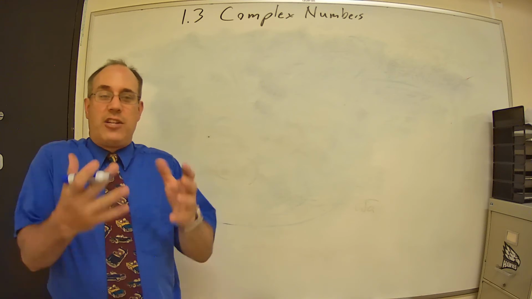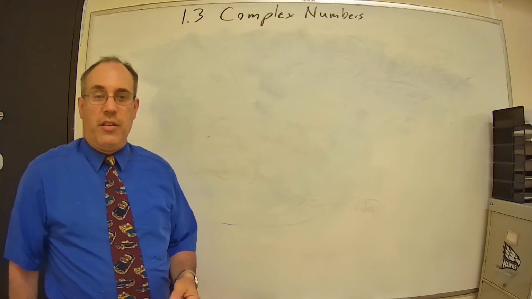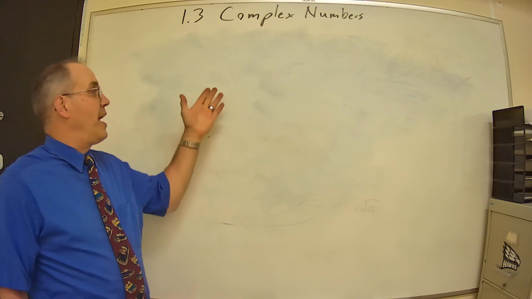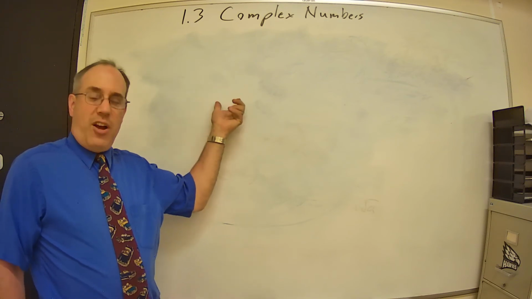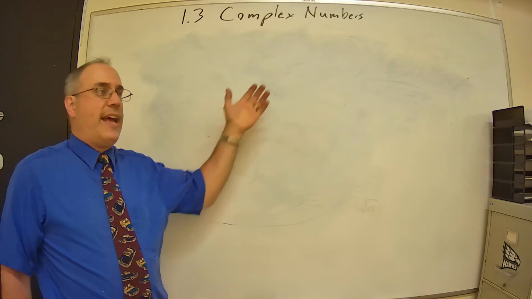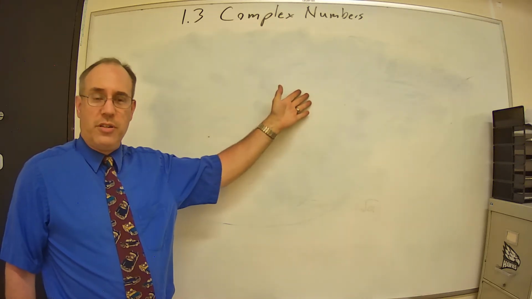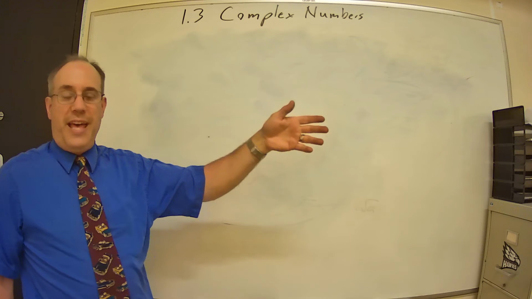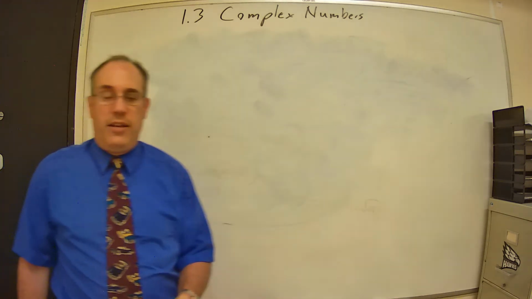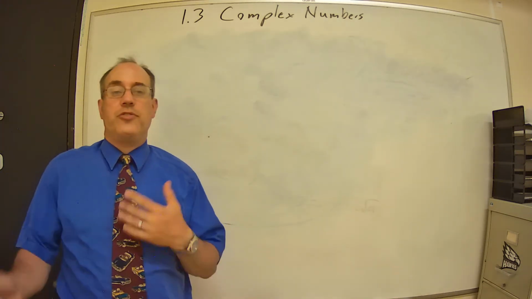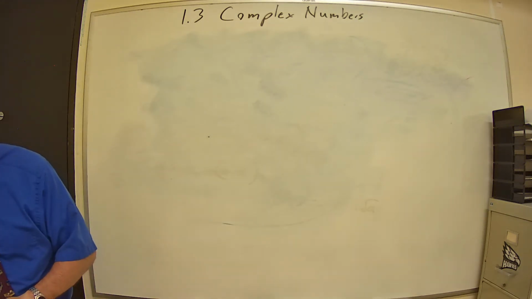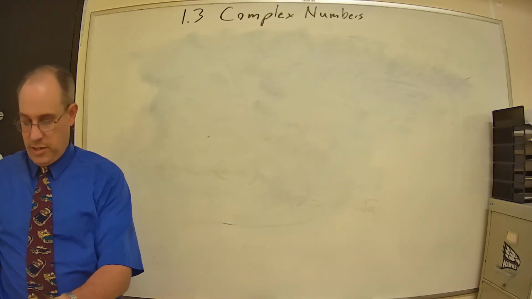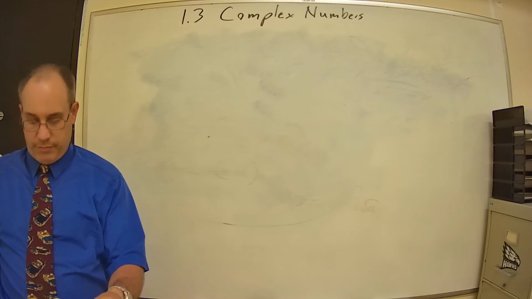If you can rationalize a denominator that has a real part and a radical part, if you can do that, then you can divide complex numbers because you use the same process. So that works very well for us. This is subtraction, multiplication, division, not bad.